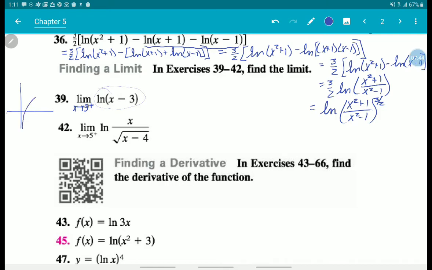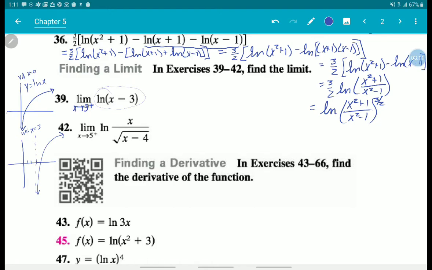So ln of x looks like this. The transformation, that minus 3 is going to shift this graph to the right 3 units, which means that vertical asymptote, which was at x equals 0, has now shifted to x equals 3. So then this graph's going to look like this.